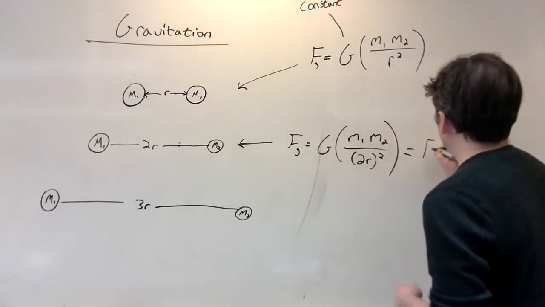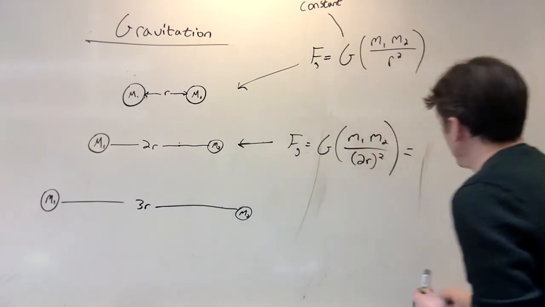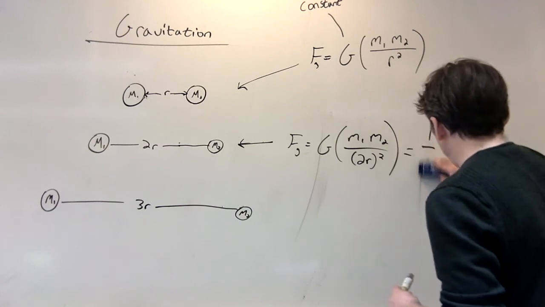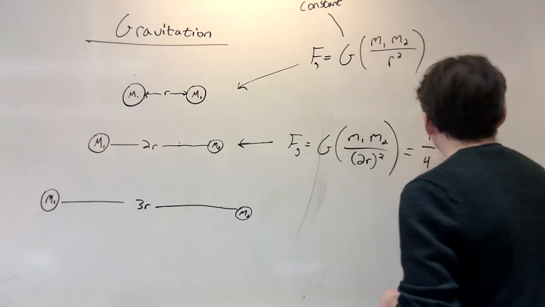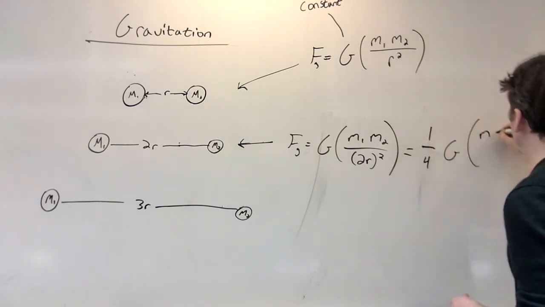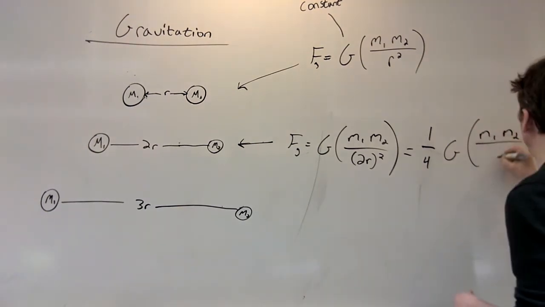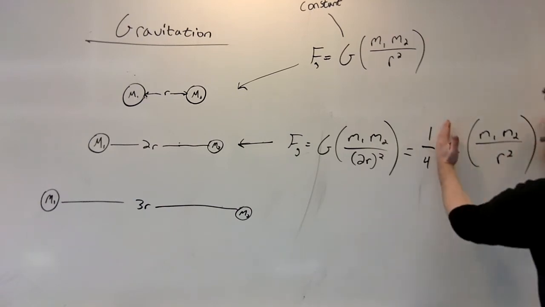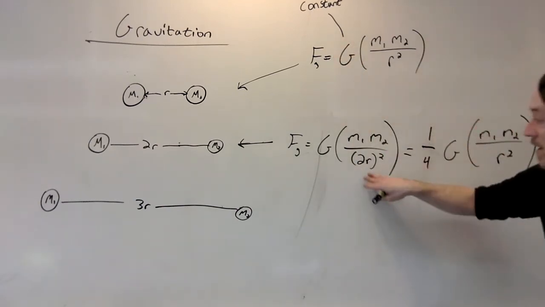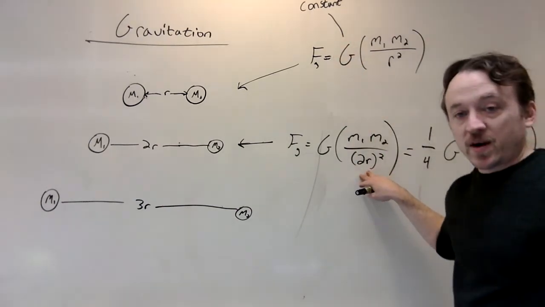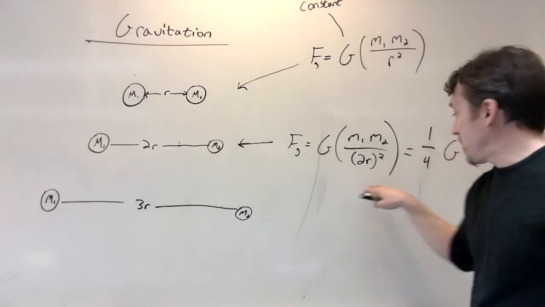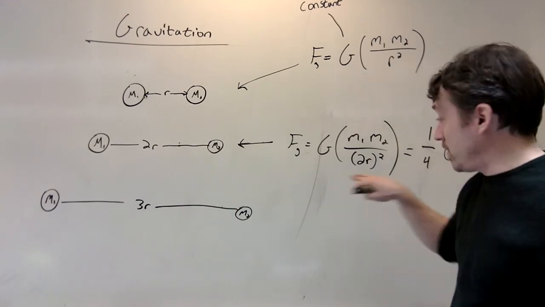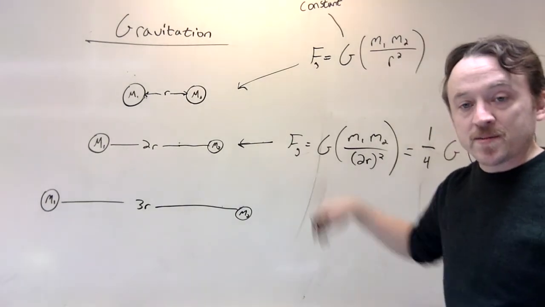And so I get 1/2, or 1/4, I did it again. Amazing. 1/4 G times m1, m2 over r squared. So this is the same quantity as this, but by doubling the distance apart, I reduced the magnitude of that force to 1/4. So the further away you get, the weaker the force of gravity between the two objects.